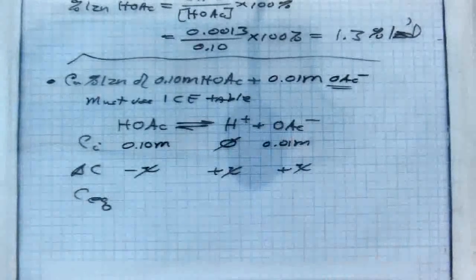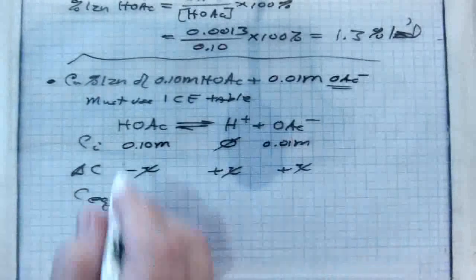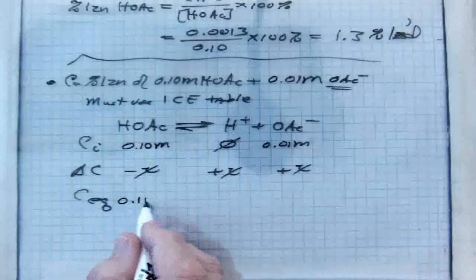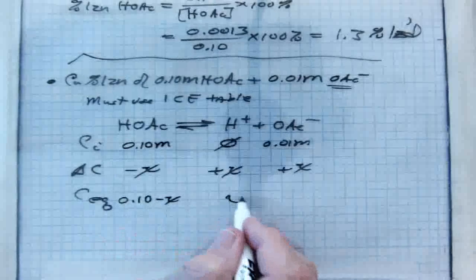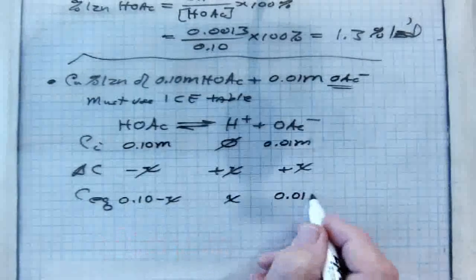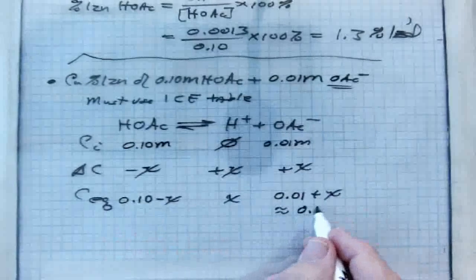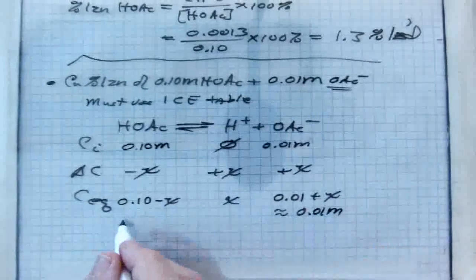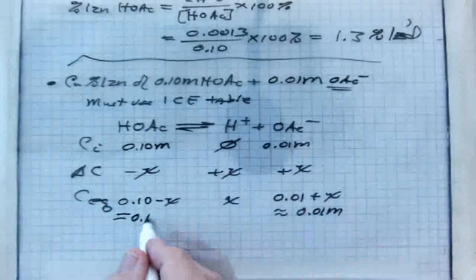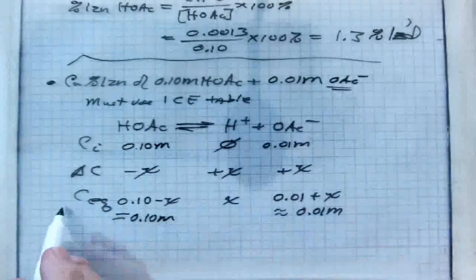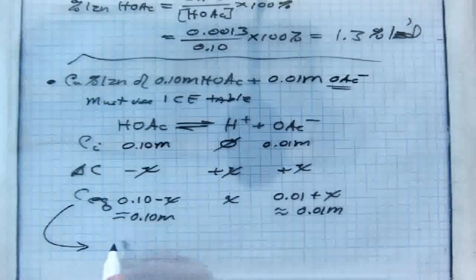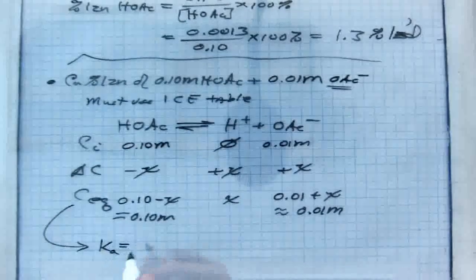So we want to solve this expression for X. And so X, which is equal to the equilibrium concentration of your hydrogen now in the presence of the common ion, is equal to 1.8 times 10 to the minus 5 times 0.10 divided by 0.01.